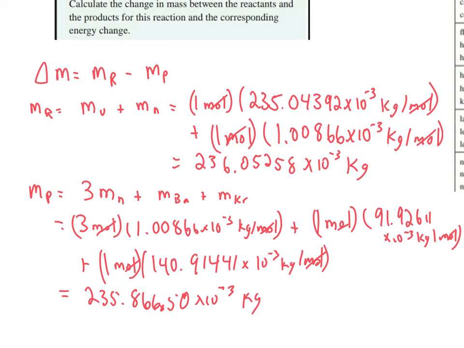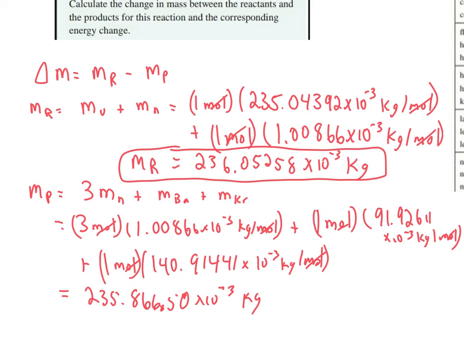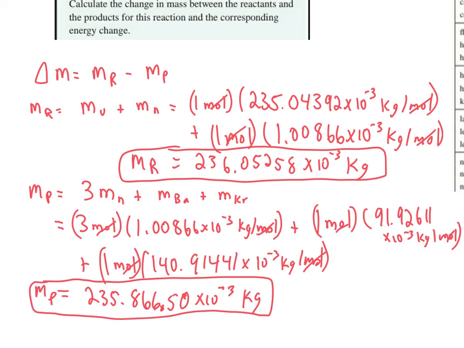Okay, so now we have the mass of the reactants. Mass of the reactants is right here. I'm boxing this even though it's not a final answer, but just to show you what we have. There's our mass of our products.